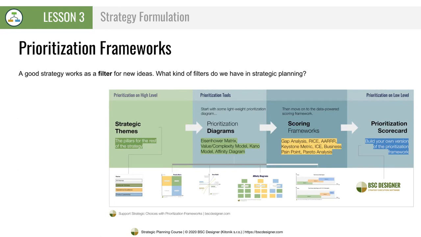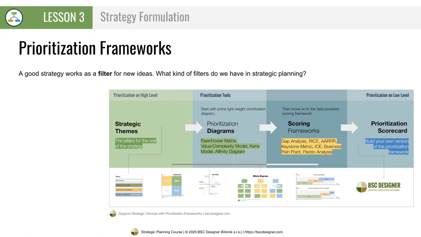Prioritization frameworks. Strategy is about making choices. While the resources of an organization are limited, the number of strategic hypotheses is limited only by the imagination of your team. A good strategy works as a filter for new ideas. What kind of filters do we have in strategic planning? In Balanced Scorecard, we have 3 strategic themes that are similar to Porter's generic strategies.